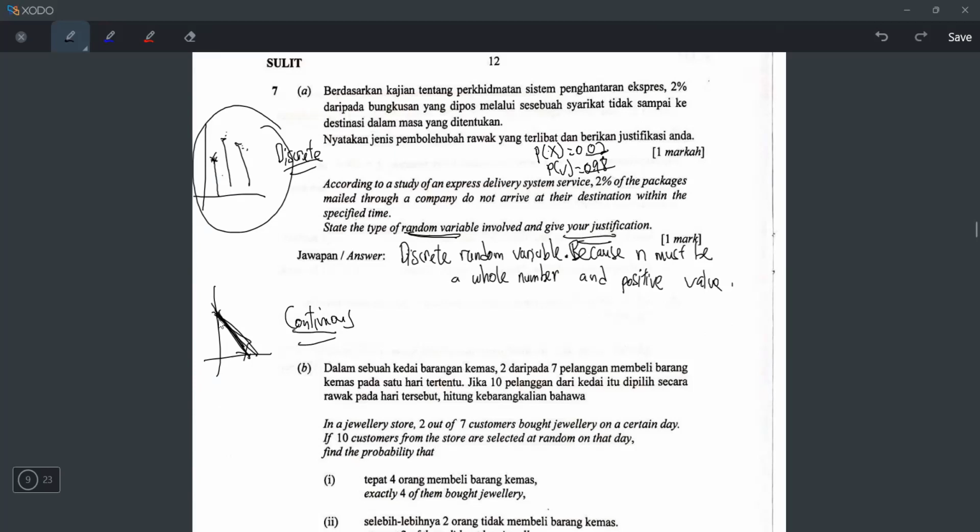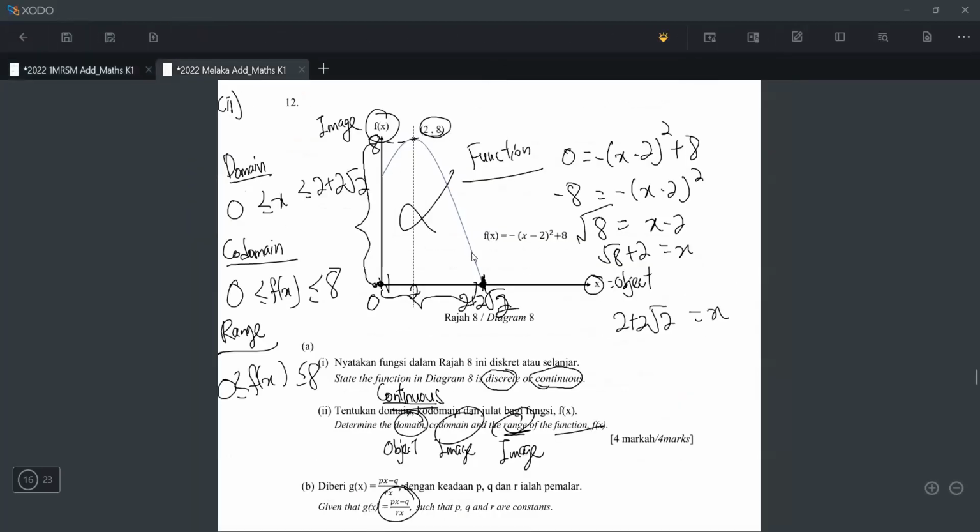But for continuous, the points go along this way, right? If you want a more detailed explanation, you can watch the Malacca trial question 12.